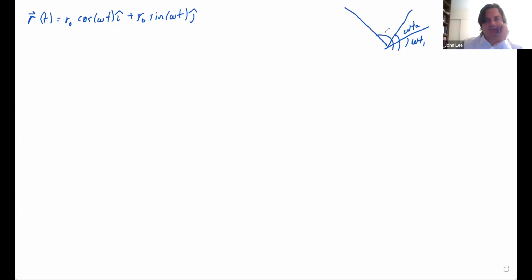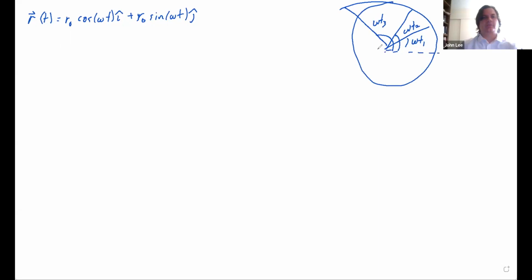So this is a pretty lousy drawing of a circle, but what's happening is that omega t at any given time is going to give you the angle that it makes with the x-axis. So therefore, you can decompose it into r naught cosine phi and r naught sine phi, which is r naught cosine omega t and r naught sine omega t.